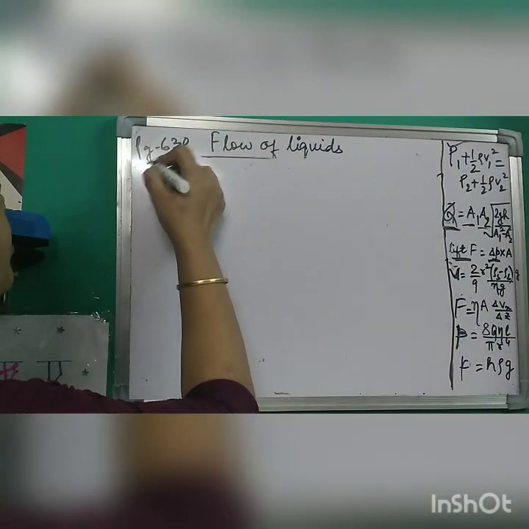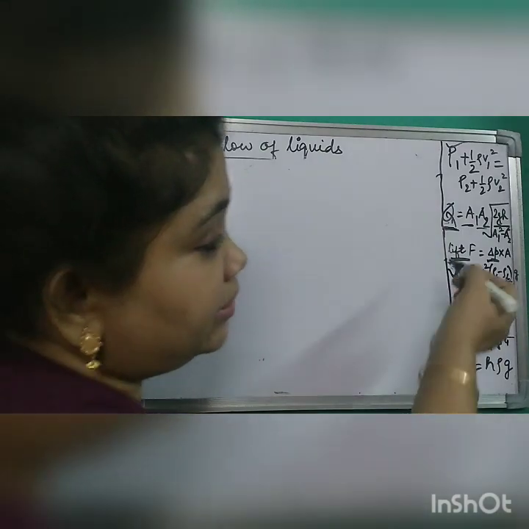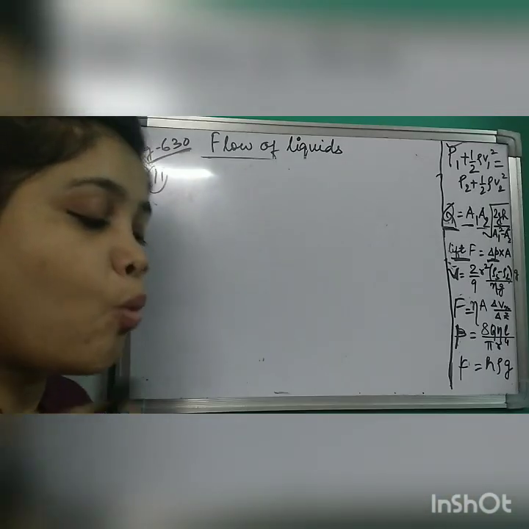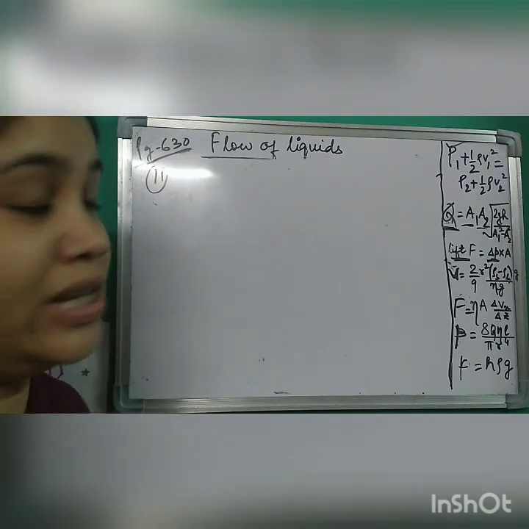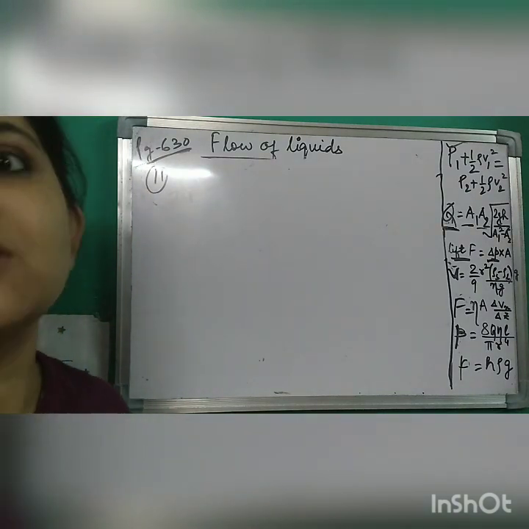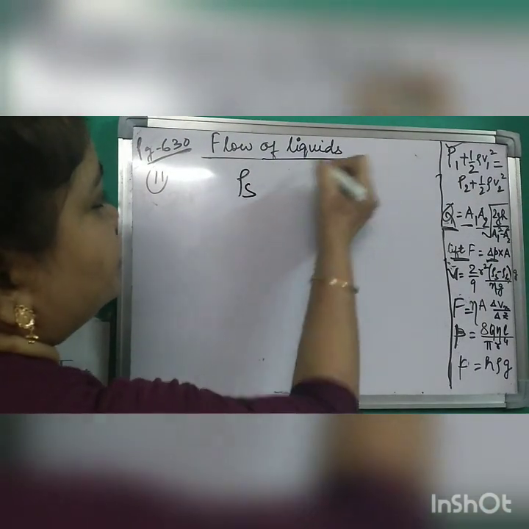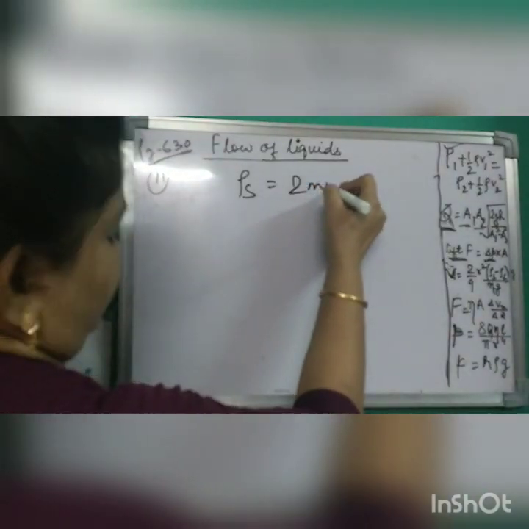The sums which we are going to do now, students, are based on terminal velocity. Let's see what sum number 11 tells us. What will be the terminal velocity of a steel ball? Steel is nothing but solid.